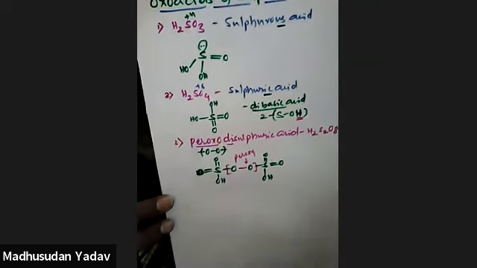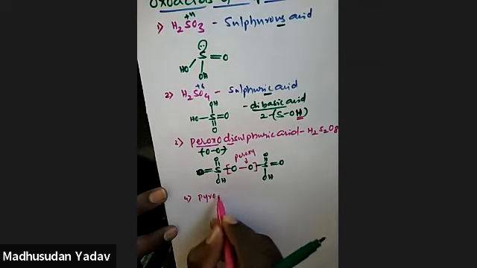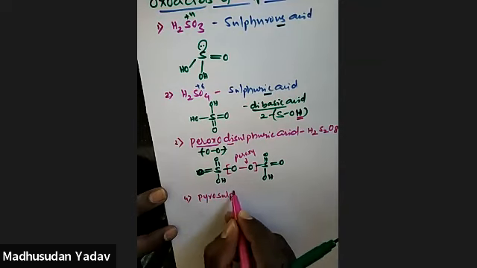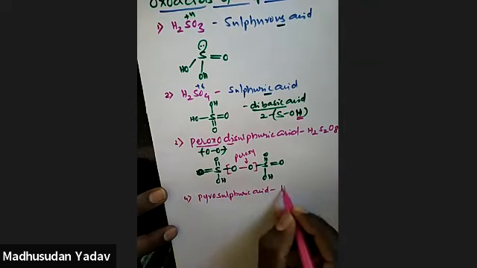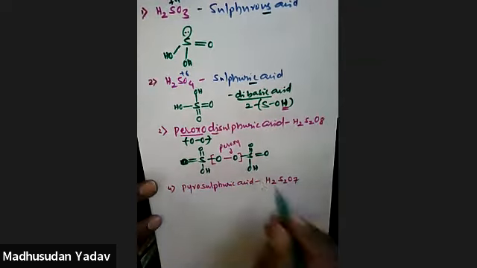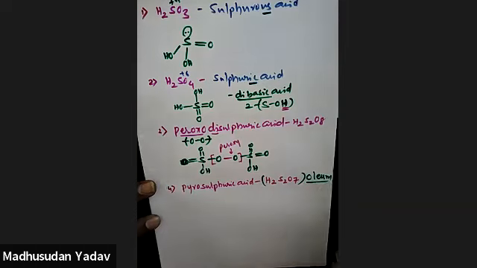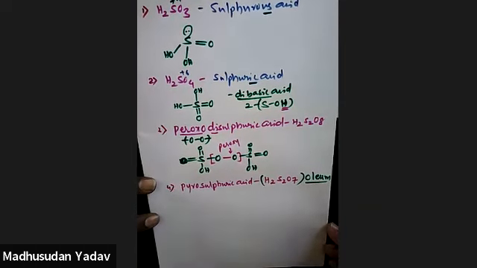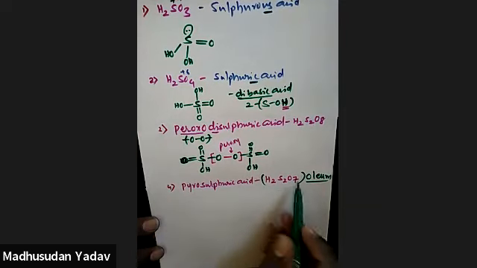Next, fourth one is pyrosulfuric acid. Formula is H2S2O7. This is very, very important. It is also called oleum. Now let's write its structure.